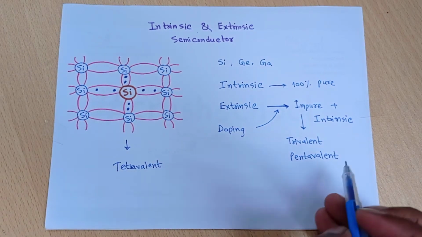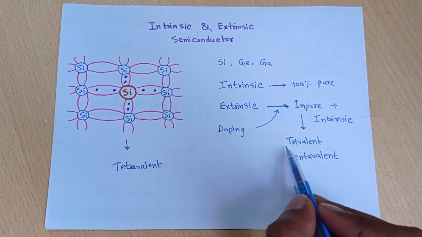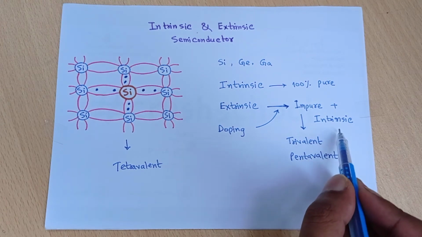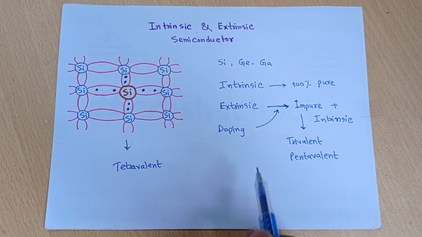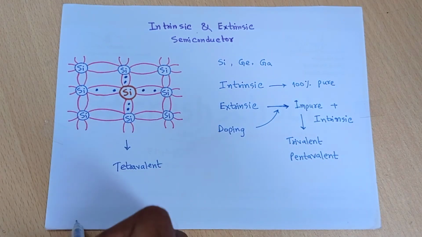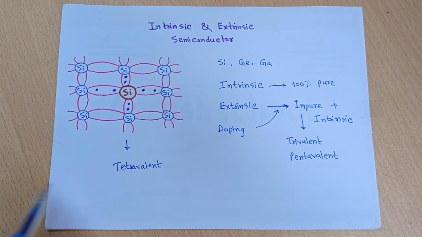If we apply these types of extra impure material to the intrinsic semiconductor, then the conductivity of the semiconductor is increased. In the 100% pure semiconductor, the current does not flow well, or the electron does not flow 100% accurately. But when we add some impurity to this intrinsic or pure semiconductor, it can easily increase the flow of current and the flow of electrons.